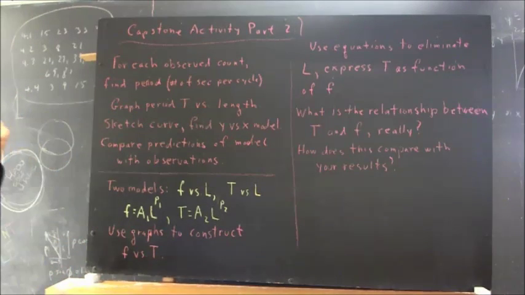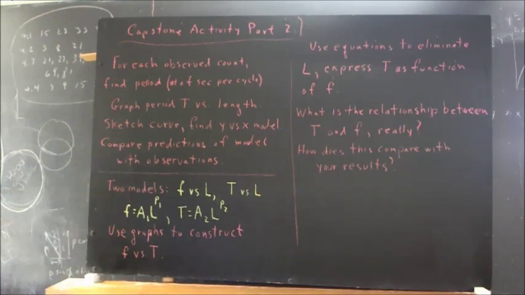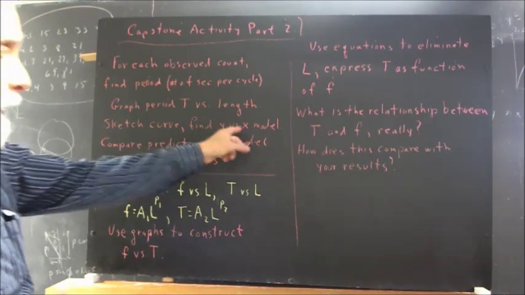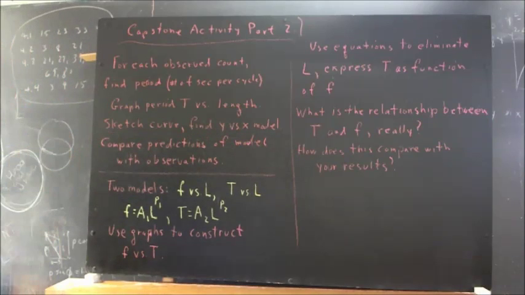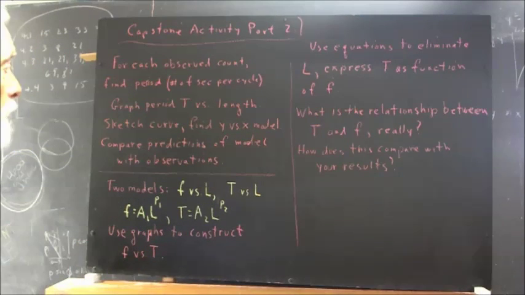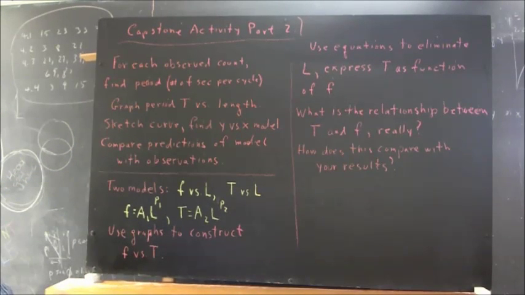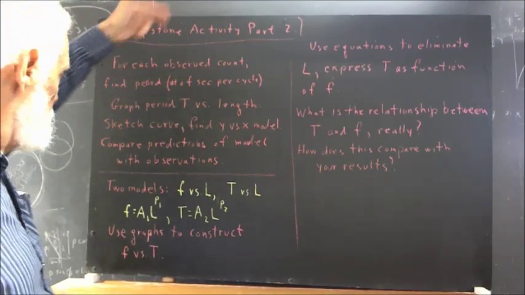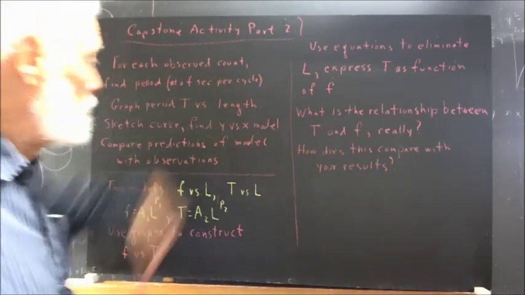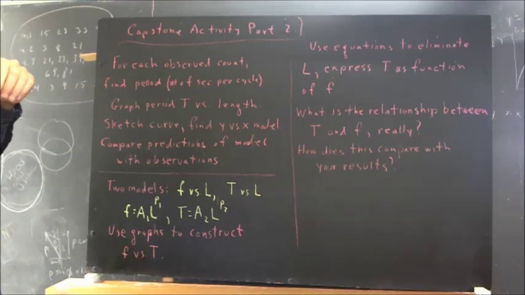Having determined this, you do just as we did before with the frequencies. You sketch your curve and you find your y versus x model using all the procedures we've developed so far. And that means, of course, you're going to estimate your value of the y factor, use that to find your exponent p, and then plug the coordinates of one point on your curve into the model and evaluate the constant a.